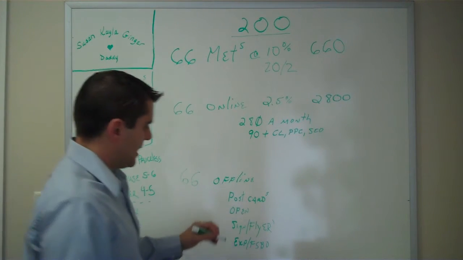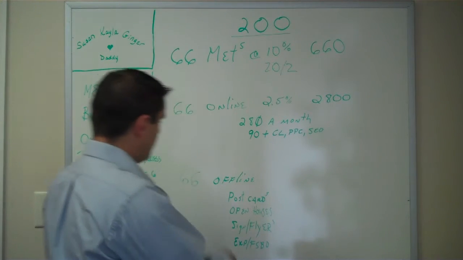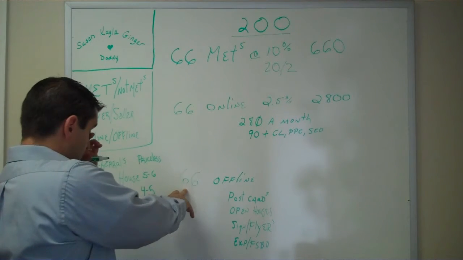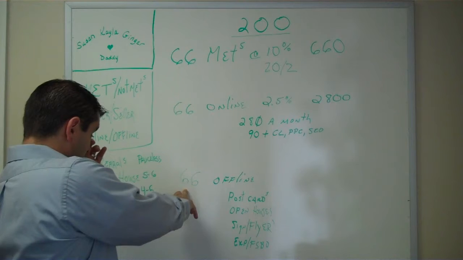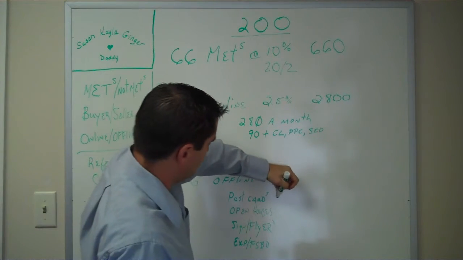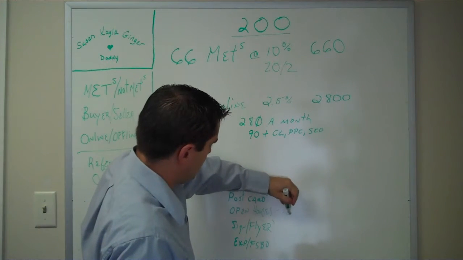So postcards, open houses, sign-in flyers, expires and FSBOs. So if we basically divided this by 4, that is 10, 15, about 16. So to have 16 closings from postcards, you know your conversion ratios.